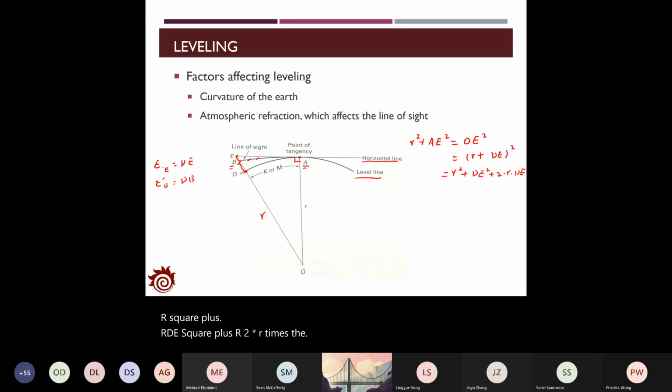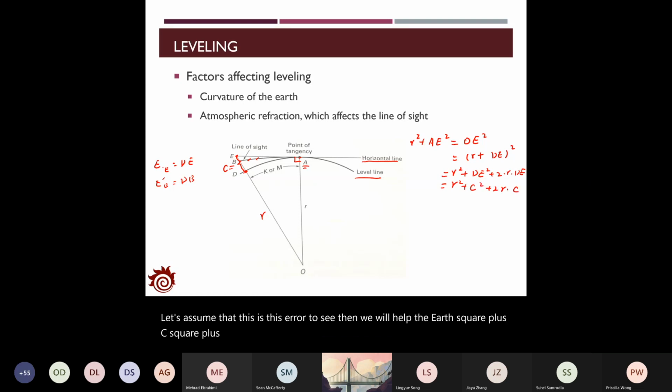Let's assume that this error is C. Then we will have R squared plus C squared plus 2R times C, and you can remove R squared on both sides.